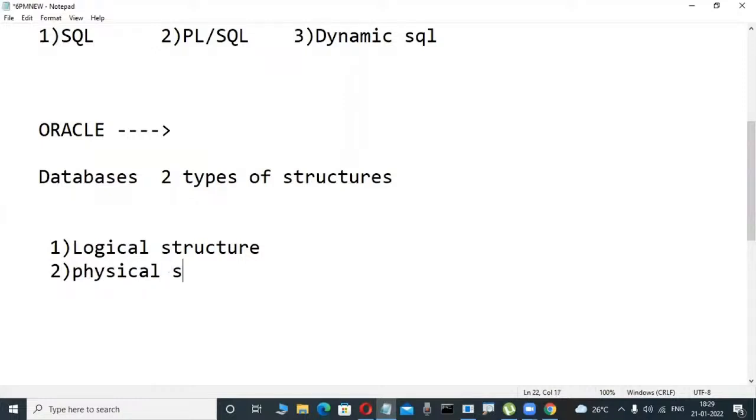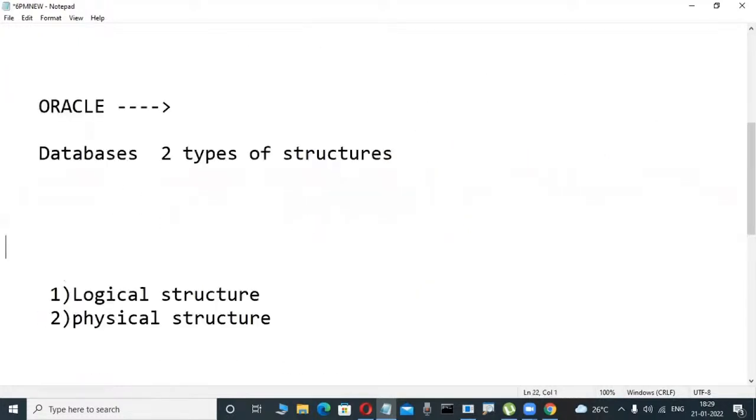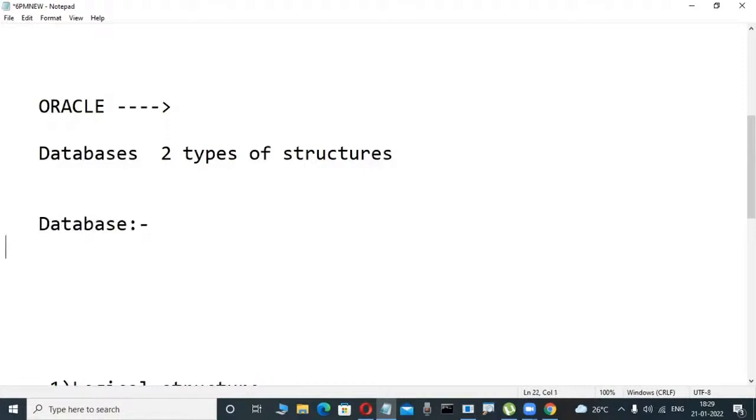Before we tell what the logical and physical structures are in these types of database software, let's look at the database definition. So many fellows write it like this. What is database?